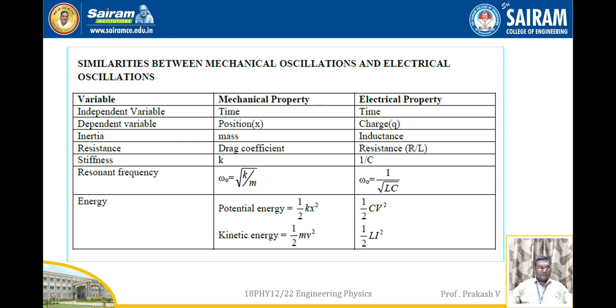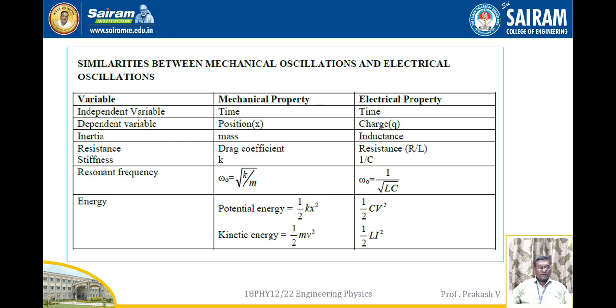For resistance as a variable, the drag coefficient comes under mechanical property, whereas resistance comes under electrical property. For stiffness, the force constant K comes under mechanical property and 1 by C comes under electrical property.